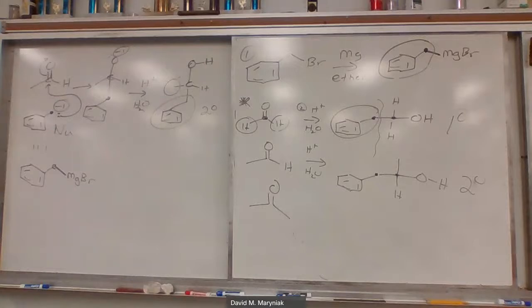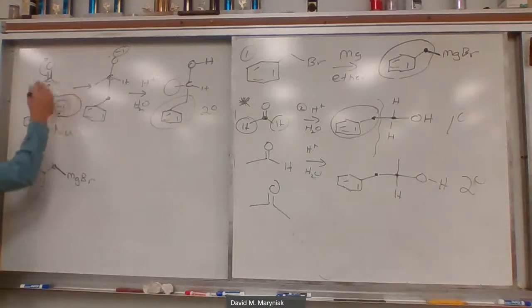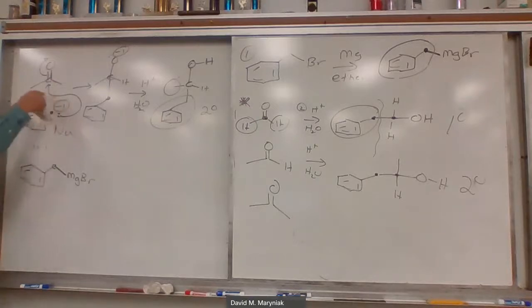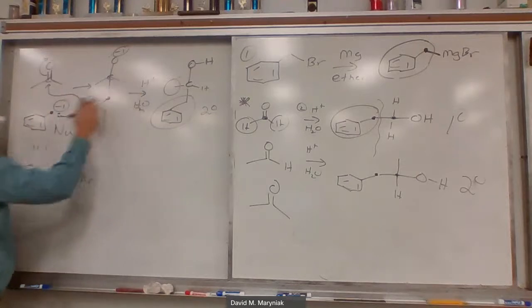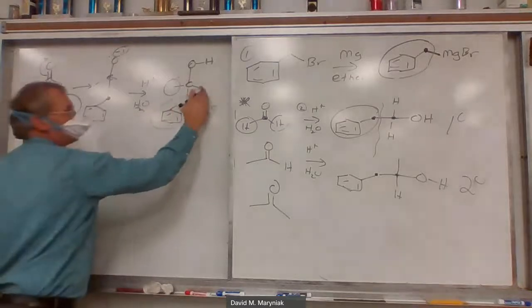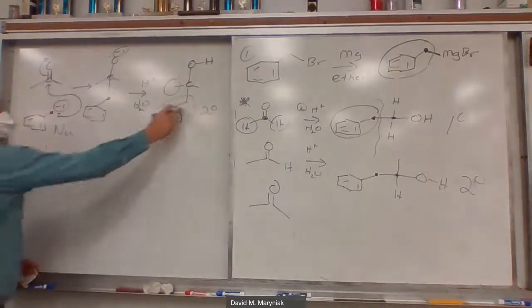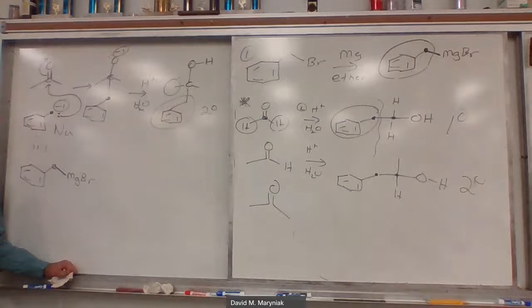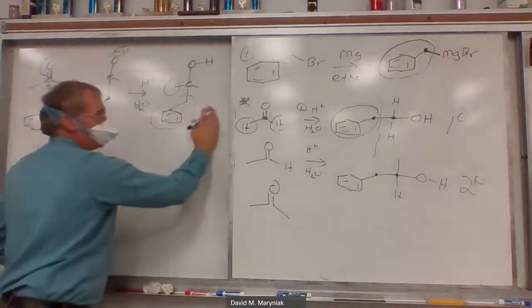And if we follow that, what are you going to get when you just change this aldehyde to this ketone? You're going to get the same type of mechanism, but this H will now be a methyl. So will it still be a secondary? It will now be a tertiary.